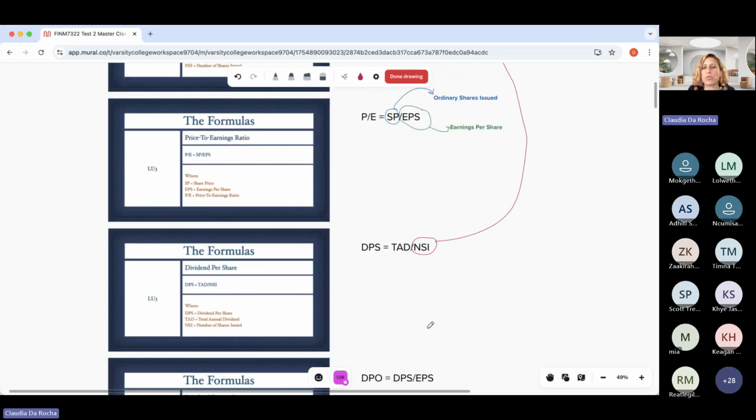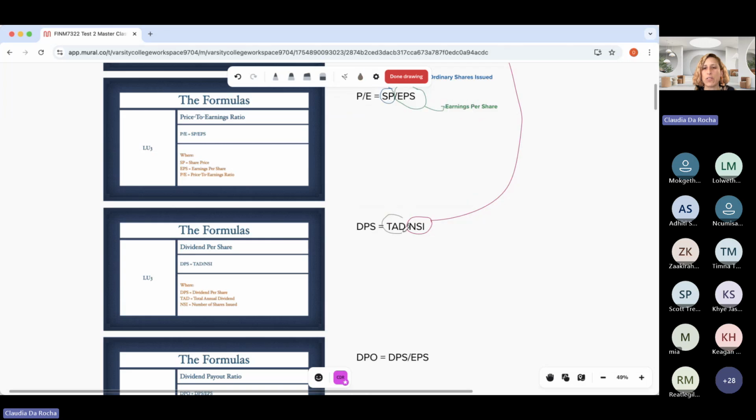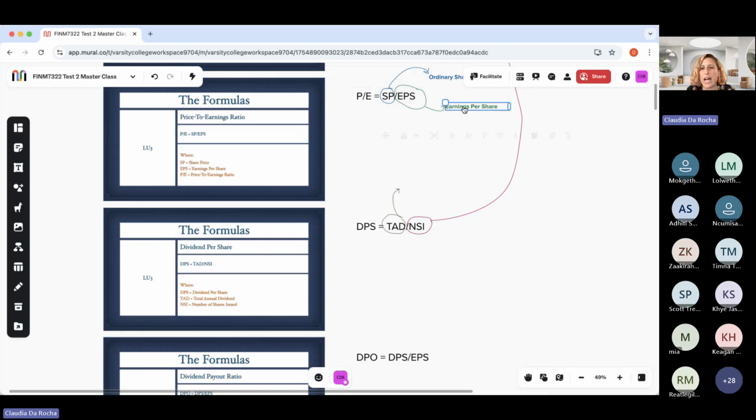Your total annual dividend, so please be very careful. It's the full dividend, or all dividend declared in the year. So if there is an interim dividend and a final dividend, you need to add both dividends together to get your total annual dividend. So please don't get confused or tricked by that. It's your total dividend for the year.